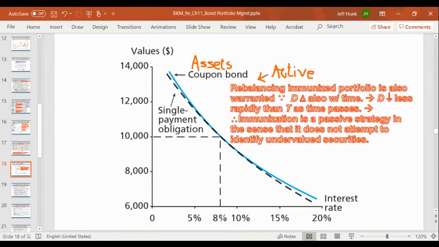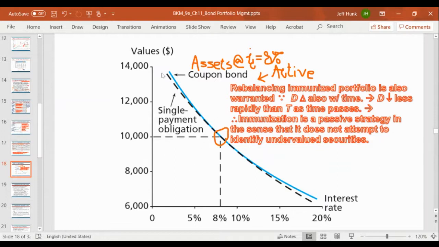And when the interest rate is 8%, and with a coupon bond at an 8% coupon, then duration is matched at this point where they are tangent, right?